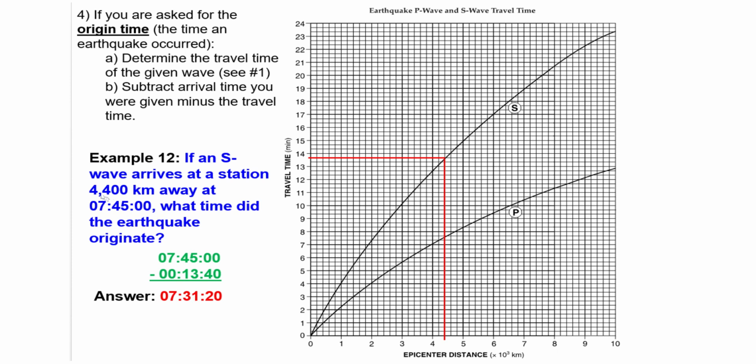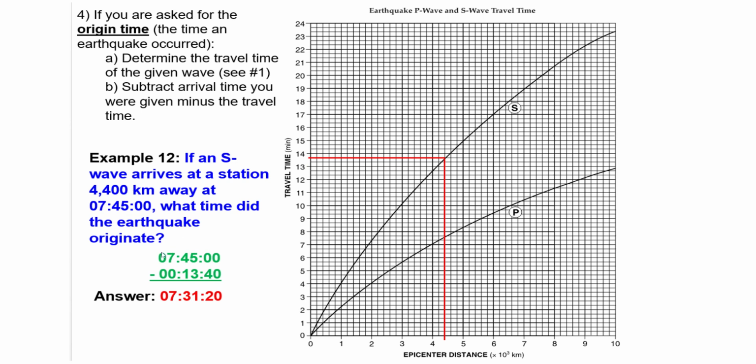So the S wave traveled 4,400 kilometers. Here's 4,400. Then we're talking about the S wave, so I'm going to go to my S curve and then go towards the left. The S wave took 13 minutes and 40 seconds. Each line is 20 seconds, so the S wave took 13 minutes and 40 seconds to travel 4,400 kilometers.